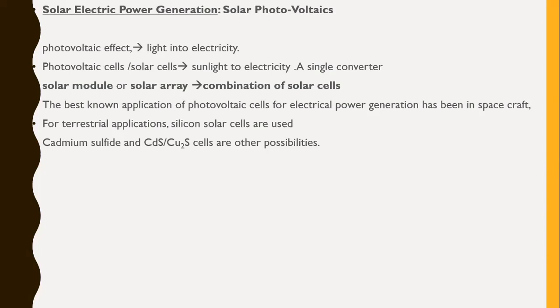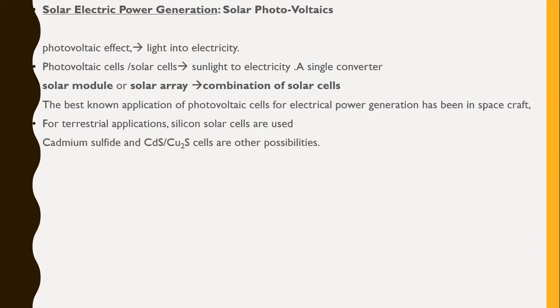The active part of the CdS cell is a thin polycrystalline layer of CdS, about 10 micrometers thick, on which a layer of Cu2S compound is present.